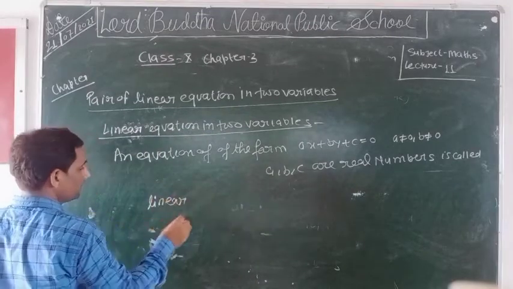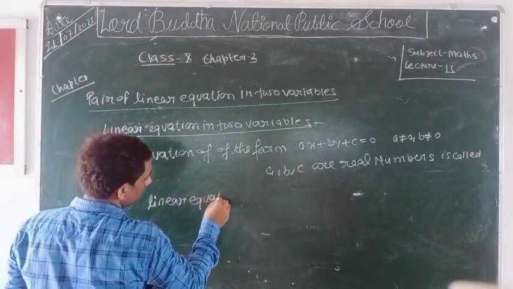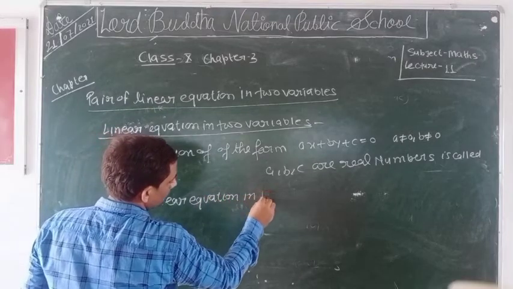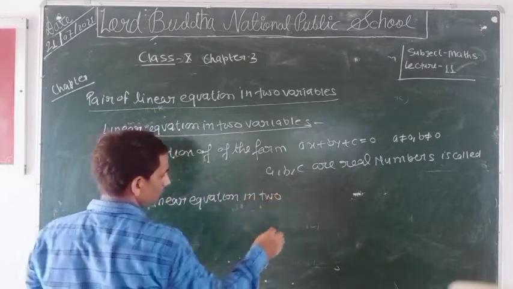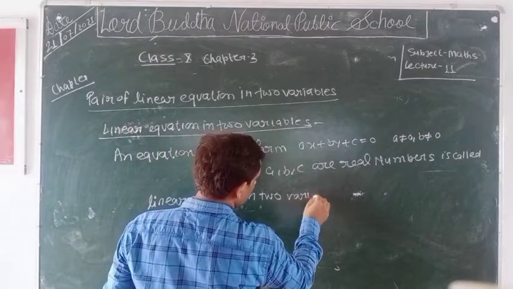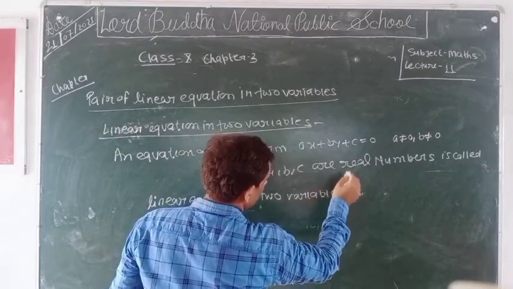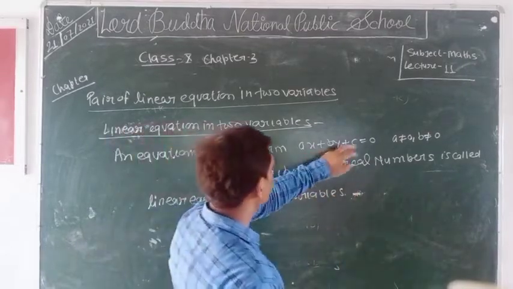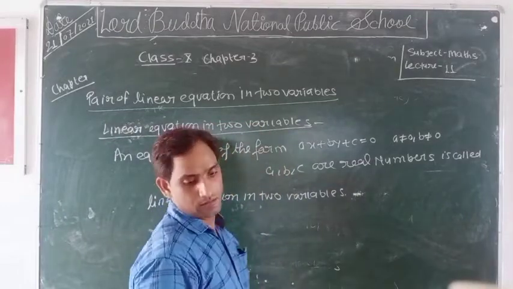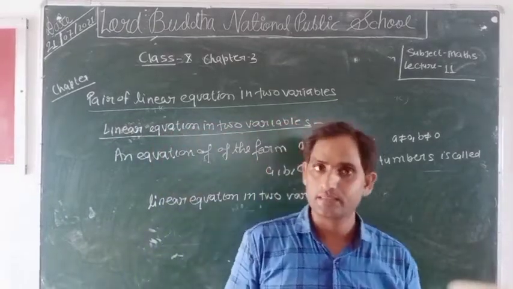It's called linear equation in two variables. Here the variables are x and y.